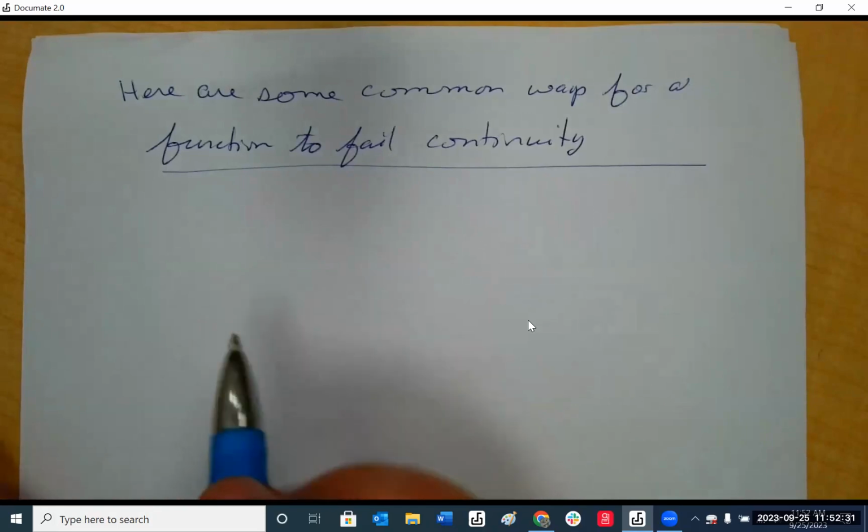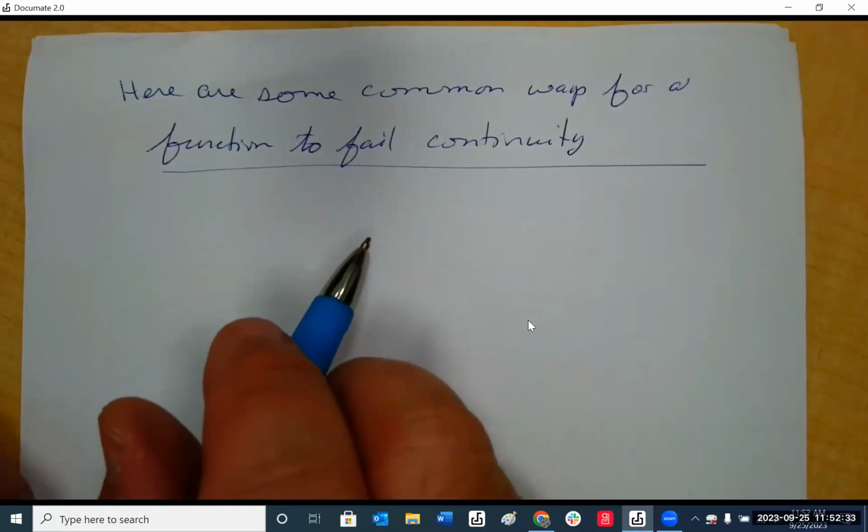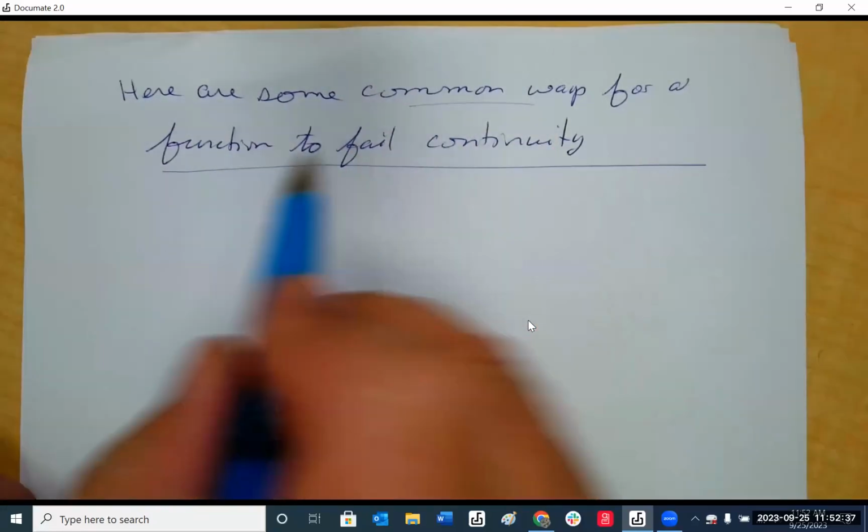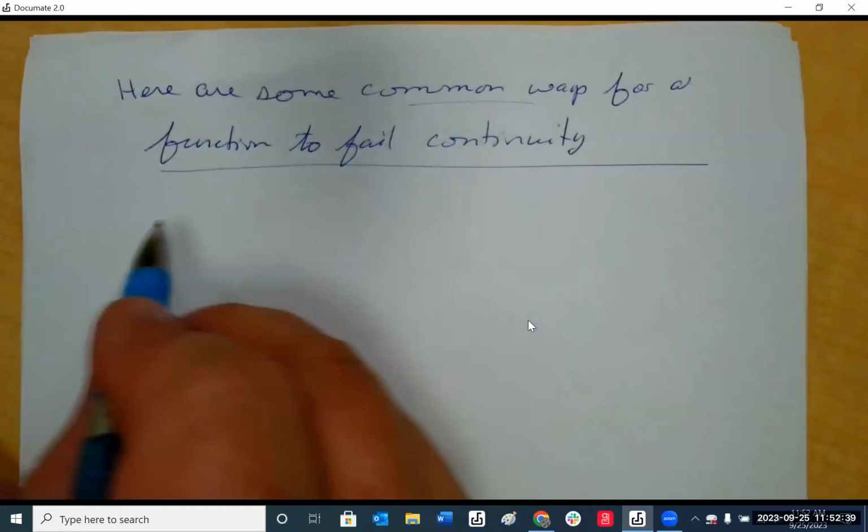So what do you think some of the possibilities of failing are? What do you think some examples of failing continuity would be?